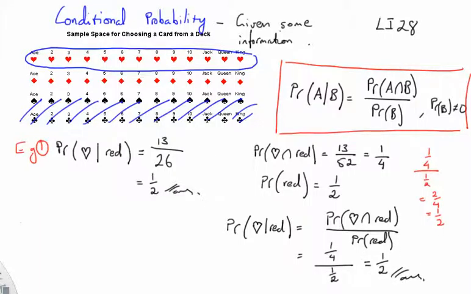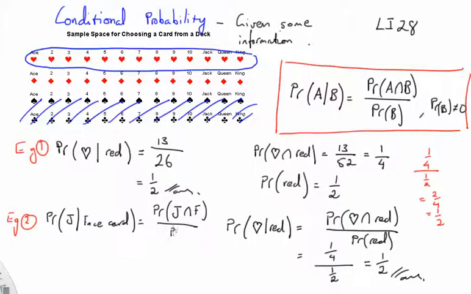Let's look at another example, and let's use the formula this time. What's the probability of drawing a jack given that we know it's a face card? We'll use F for face card. That equals the probability of drawing a jack and a face card over the probability of drawing a face card.